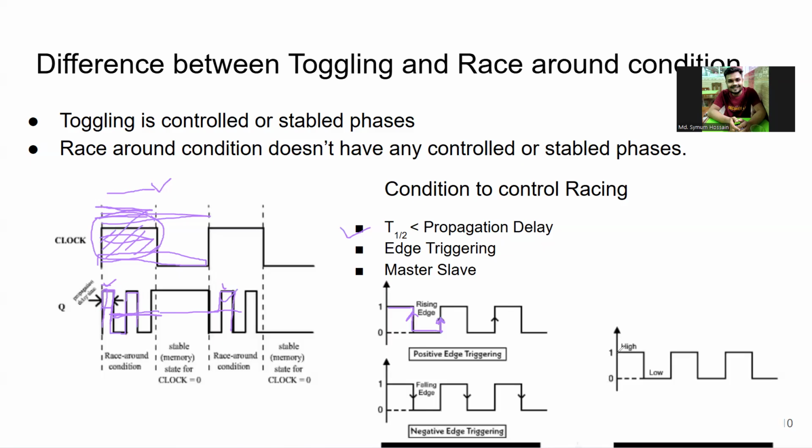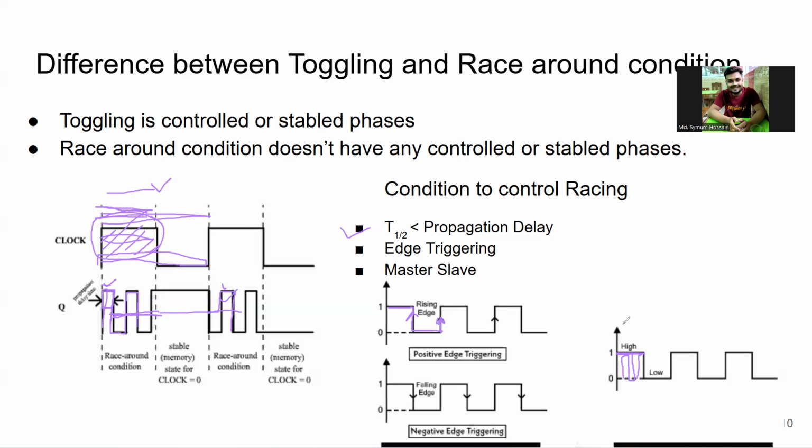Whereas if you use level triggering, you can see it remains high for a very constant large amount of time. So in between this constant time, the toggling will occur several times, which will create a race around condition.